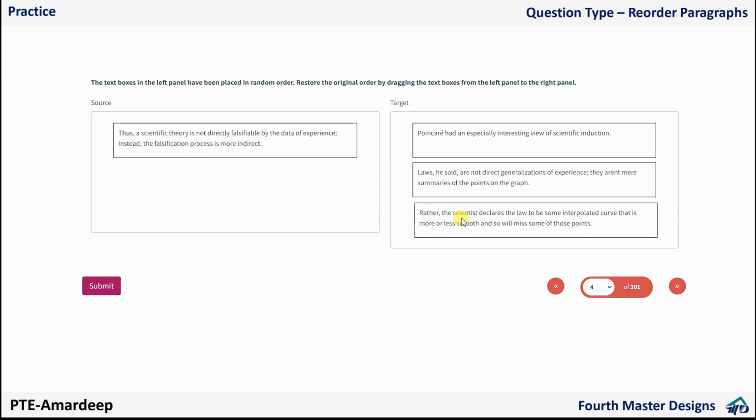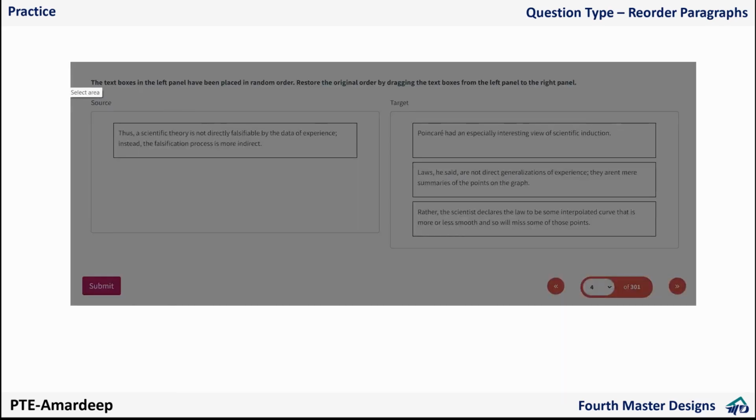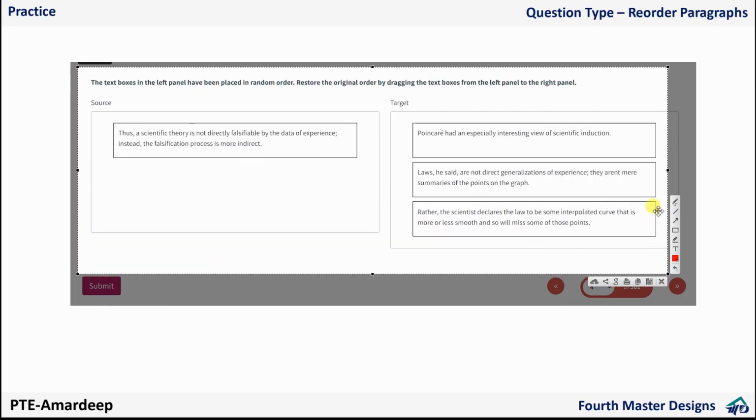Rather, what he said on his own, rather the scientist declares the law to be some interpolated curve. So understand the relation here. He had a view on this. He said this is not possible, whatever the statement is. Rather, this is possible, because of this statement.